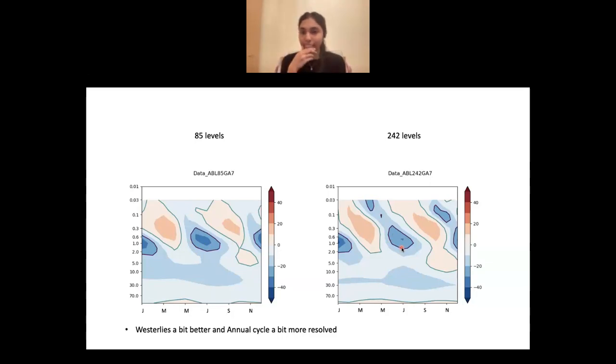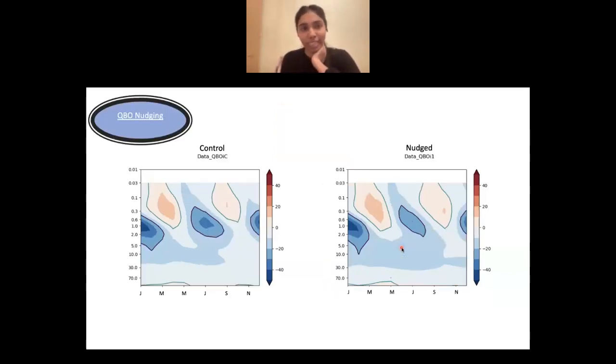So this suggests that improving the resolution has an impact on the SAO winds, but as you can see from the plot, it is not worth increasing the whole resolution from 85 levels to 242 levels just to see this small wind magnitude change. So we will need to look at the next thing, which is the QBO nudging.